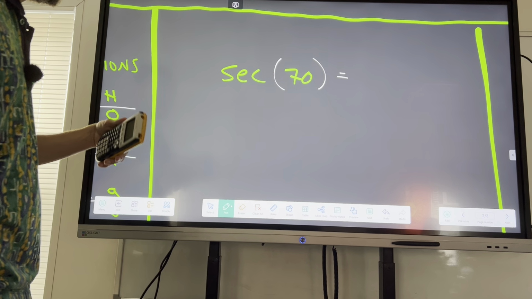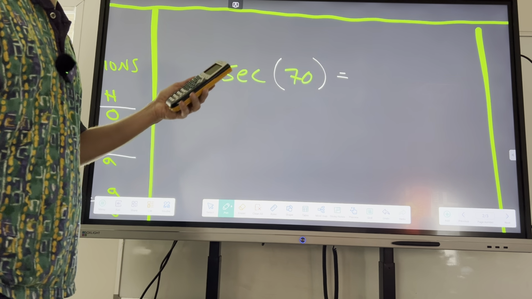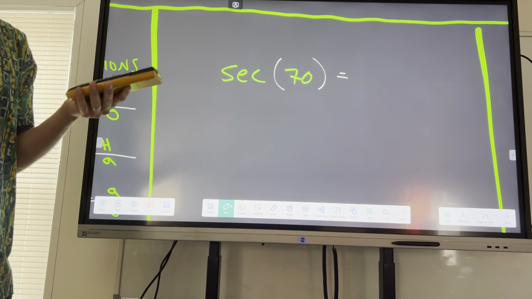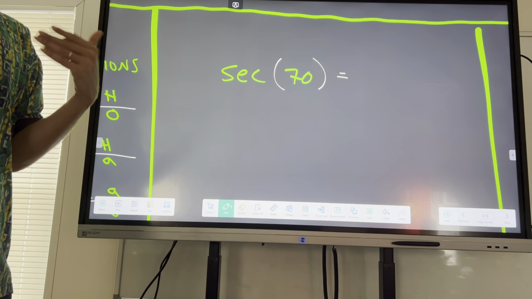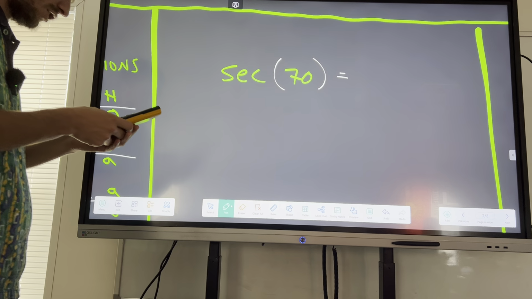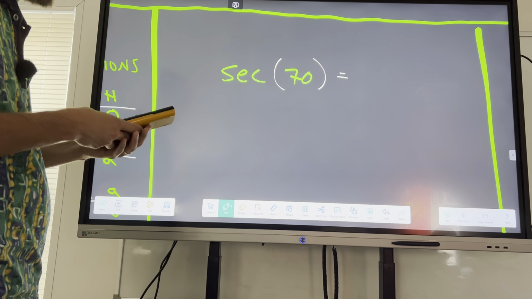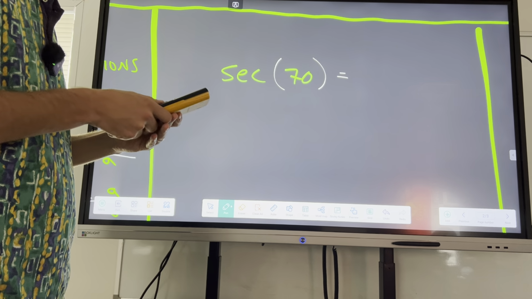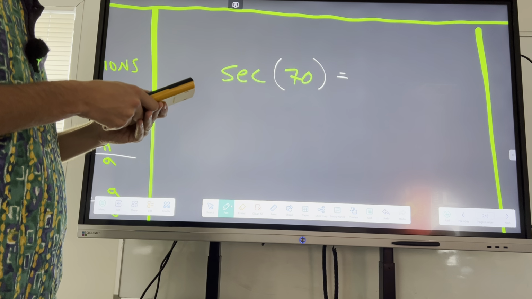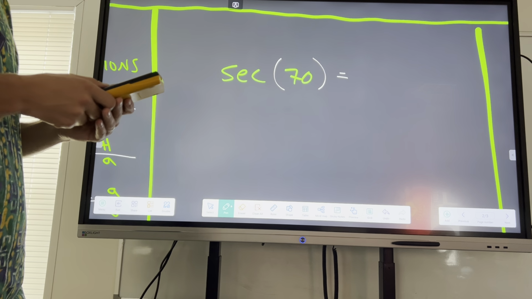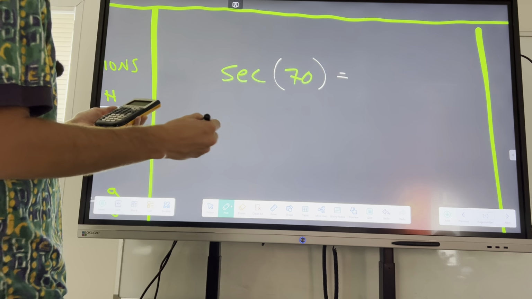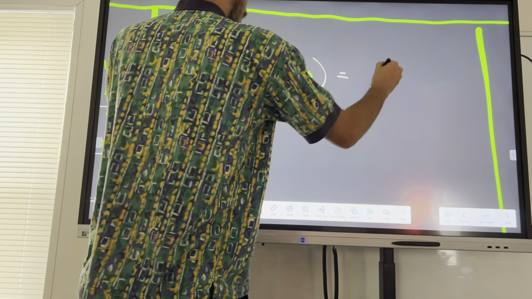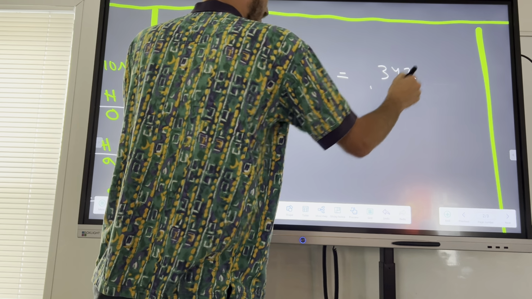Well, here's what's up. The secant is just the upside down cosine. So we should be able to just start with the cosine. What is the cosine of 70? Right, kind of weird. 0.342.